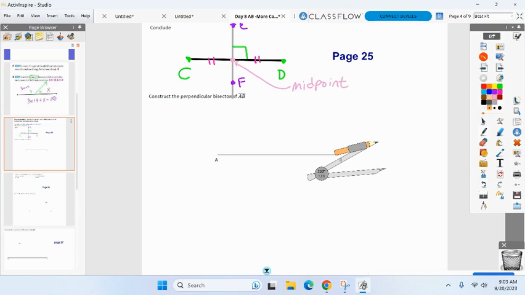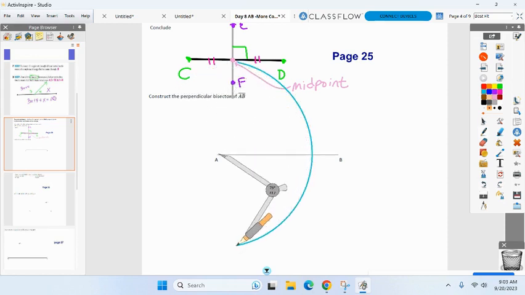Remember that construction? That's what we're going to do here. Take your compass, put it on point A. Anybody remember this one, the fish one? What do I do with my compass now? Open it up a little more than half the distance of your line segment. And remember, this has got to be like a half circle size arc.